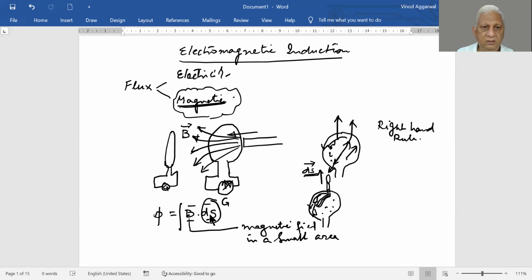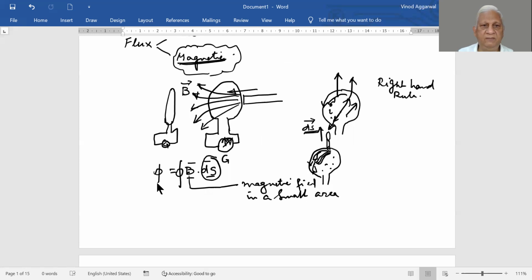If you integrate all these areas over the whole surface, what you will get is flux, the total magnetic flux.